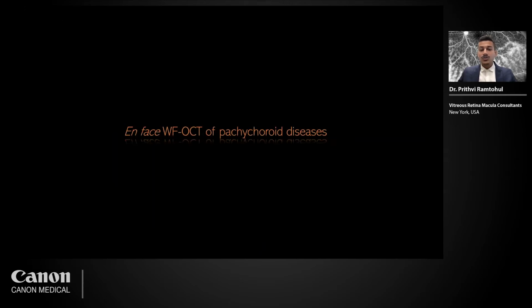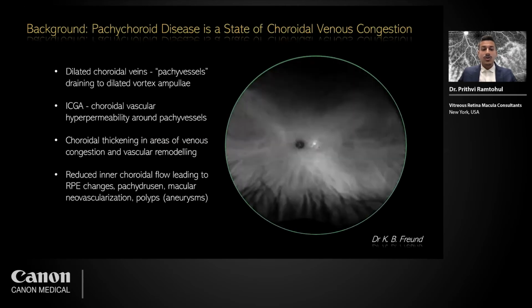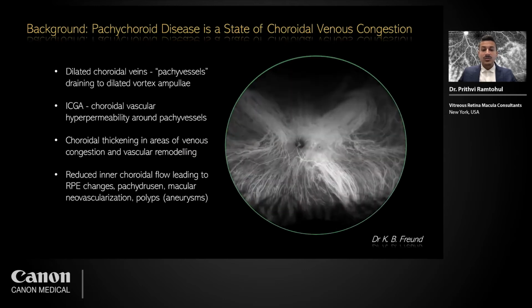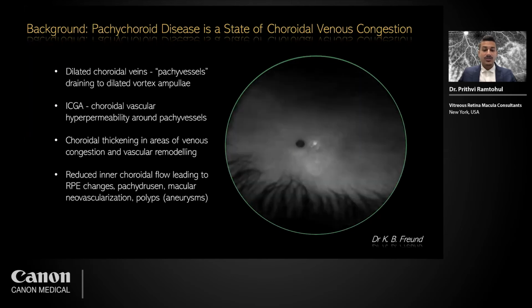So now I'm going to present you briefly the results of our study focusing on the pachychoroid disease. We now know that choroidal venous insufficiency underlies a broader spectrum of retinal disease states which share characteristic imaging findings, including dilated choroidal veins or pachyvessels draining to dilated vortex ampullae, choroidal vascular hyperpermeability on ICG-A that colocalizes with pachyvessels, choroidal thickening and vascular remodeling in areas of venous congestion.